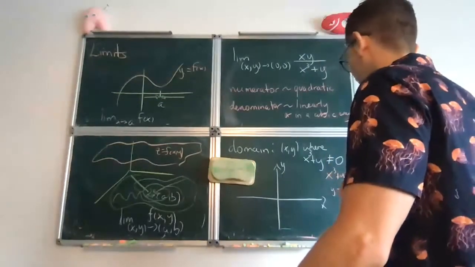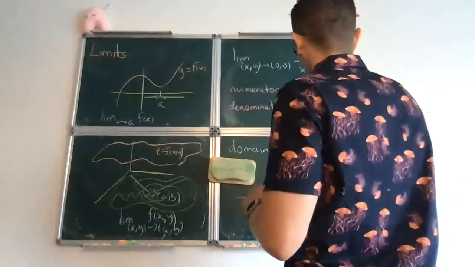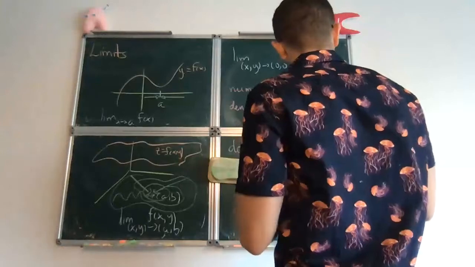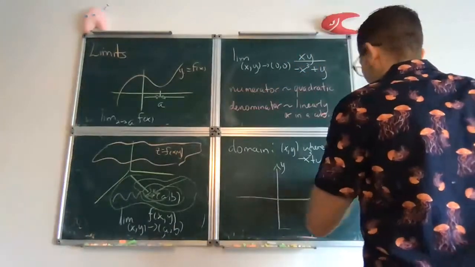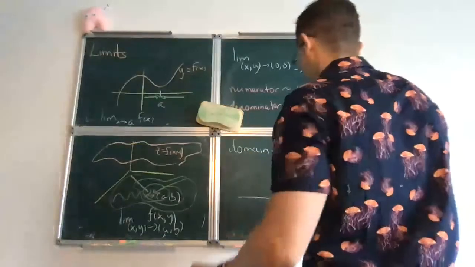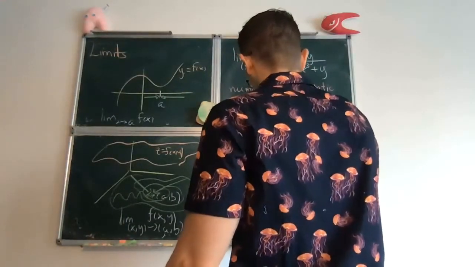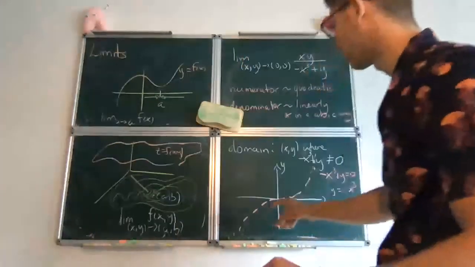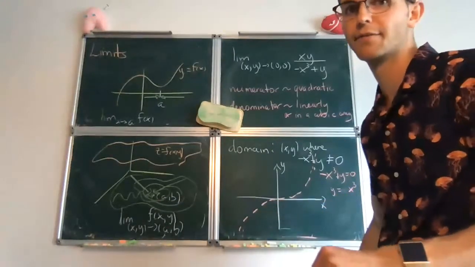Maybe I should put a minus here to make it easier. So that is just y equals minus x cubed. If you remember the graph of y equals x cubed, it looked like this. I'm drawing this as a broken line because this is precisely where the function does not behave nicely.